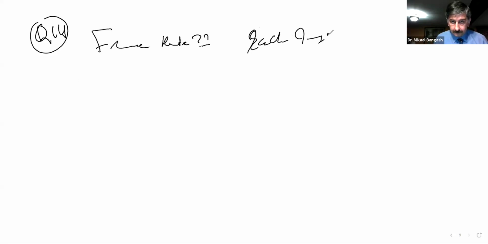What is the frame rate if each image, which we can also call a frame, is created in 0.02 seconds?